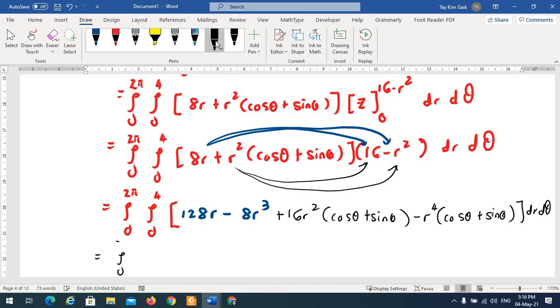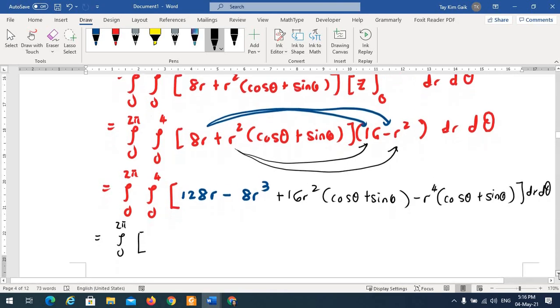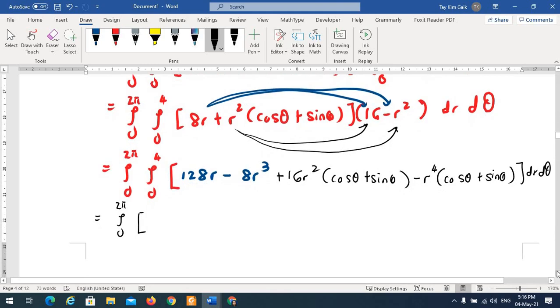Now you can integrate with respect to r, where theta is constant. Integrating 128r, we have 128r squared divided by 2, so it becomes 64r squared. Then negative 8r cubed becomes negative 2r to the power 4, because r to the power 4 divided by 4.